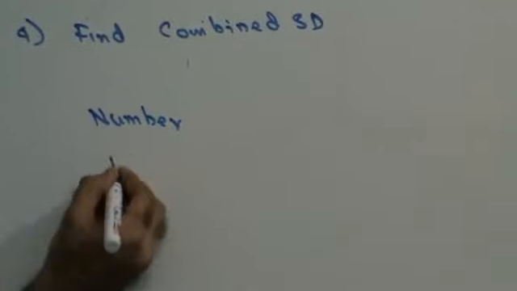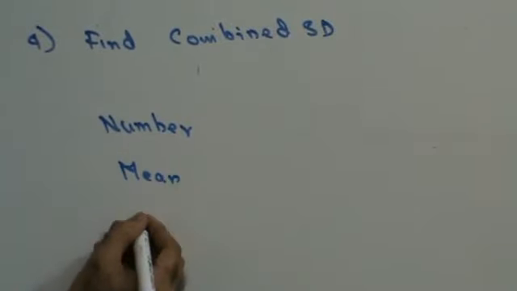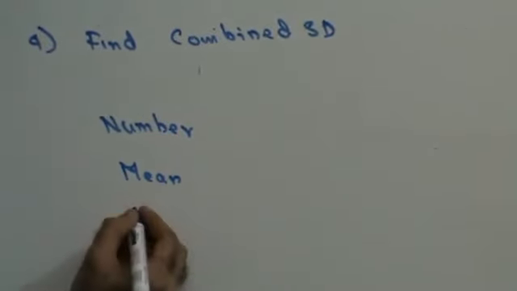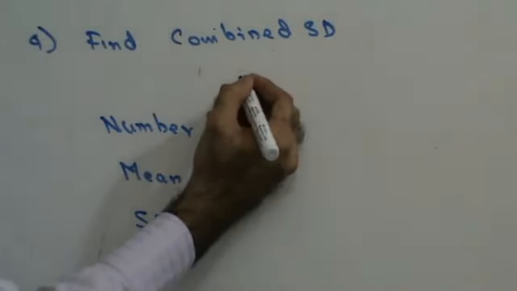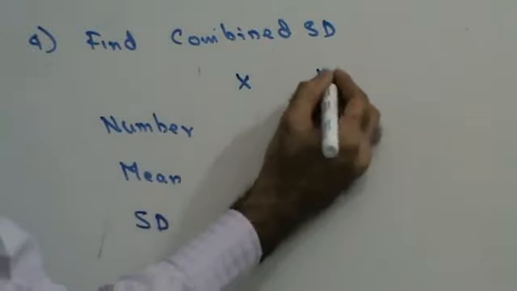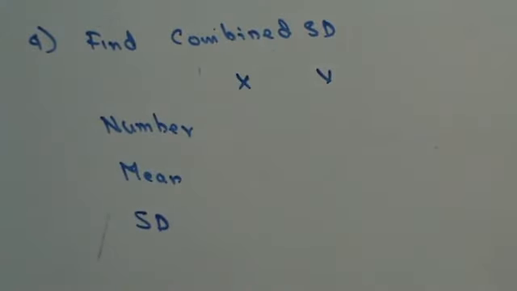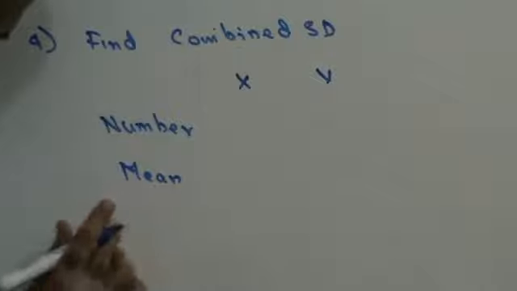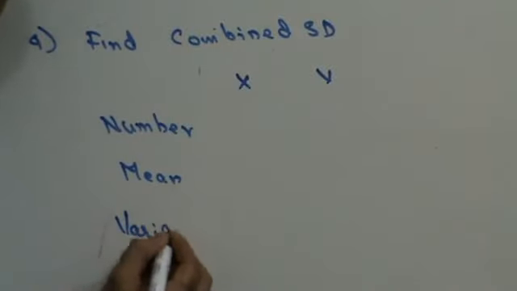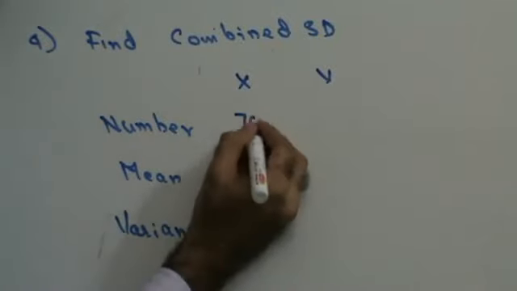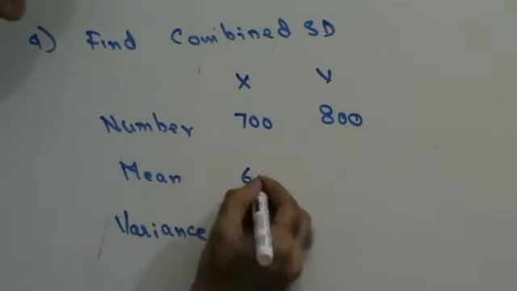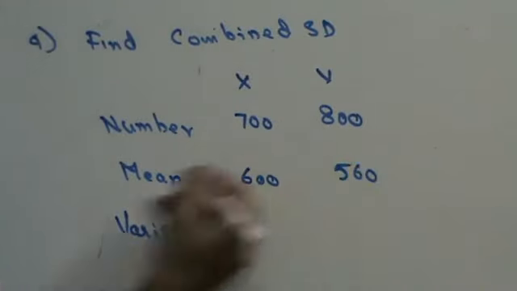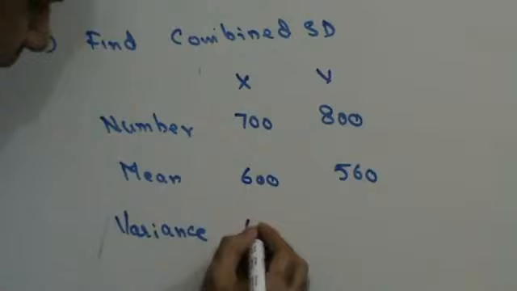Number, mean, standard deviation. Firm X and firm Y. Right? Instead of standard deviation, suppose if they give you variance. Right? 700, 800, 600, 560 and 400, 625.